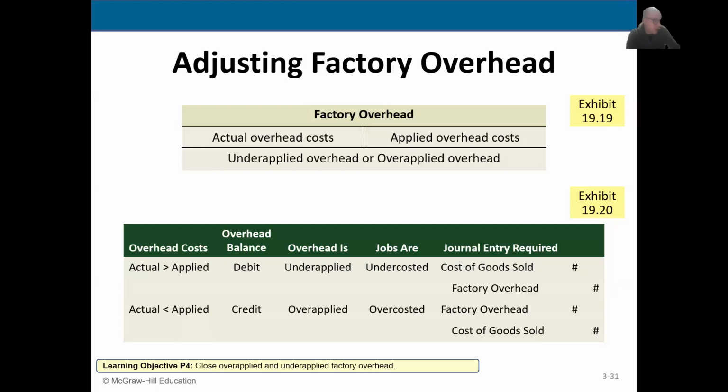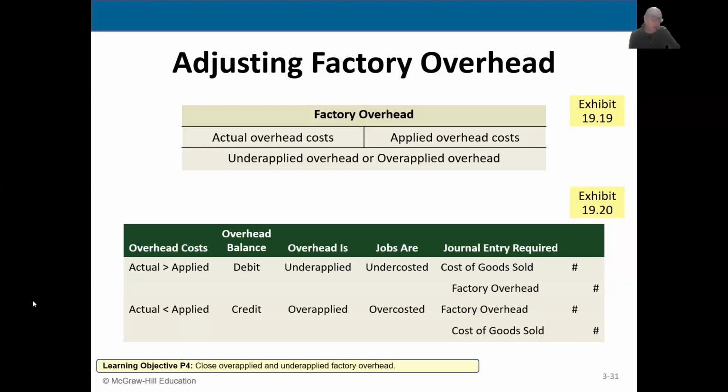And in that case, your job has been overcosted. It's still not a great situation because you want it to be as close as possible. But when this happens, we debit factory overhead to ultimately decrease the factory overhead, and we credit cost of goods sold to decrease cost of goods sold. So those are the adjusting journal entries that we make in the event that we're over or under.